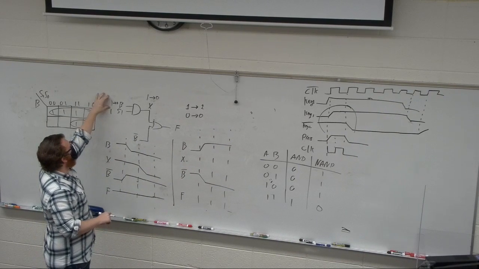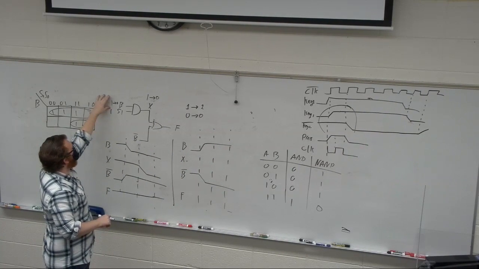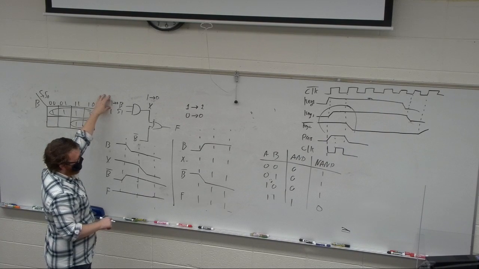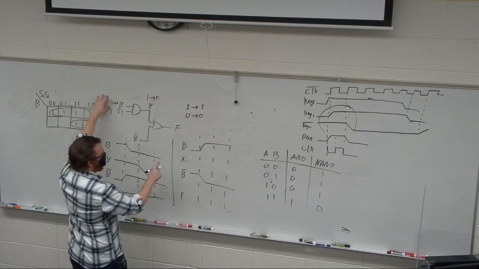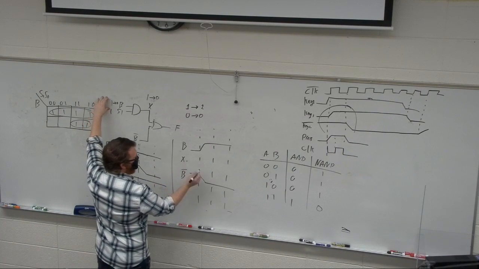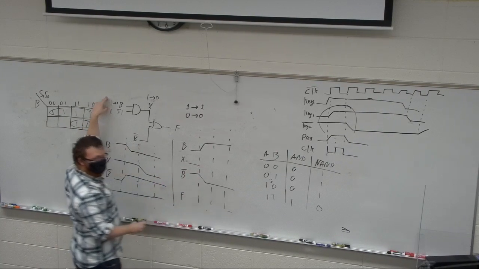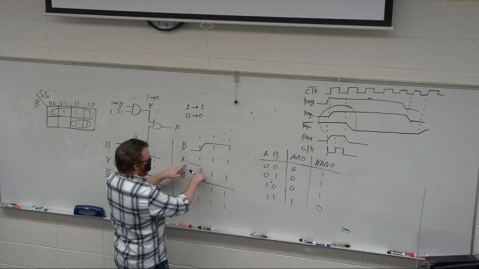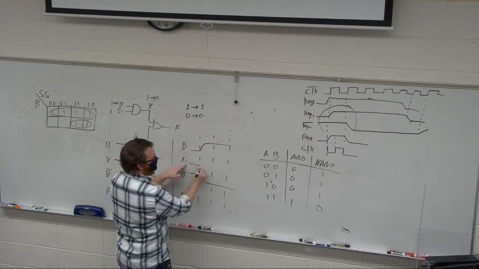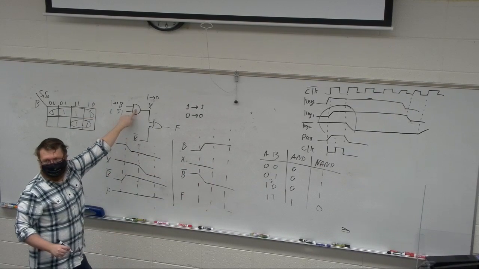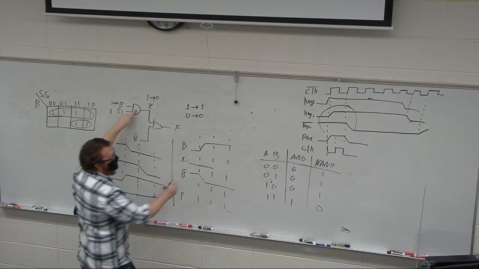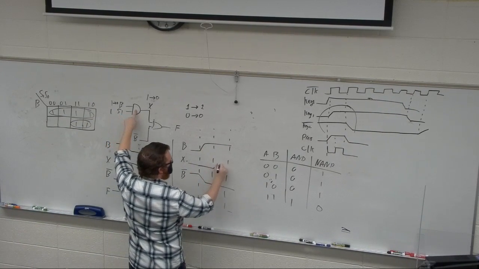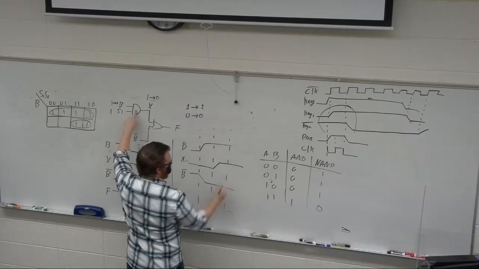Oh, well, this is fine. Okay. So X, if I'm starting at 0 on B, X starts at 0, right? And then it can't change at this initial delay because it has to go through 1 gate delay. So nothing can happen for 1 gate delay. And then I need to evaluate, well, B went high, so I go high, and I stay high.